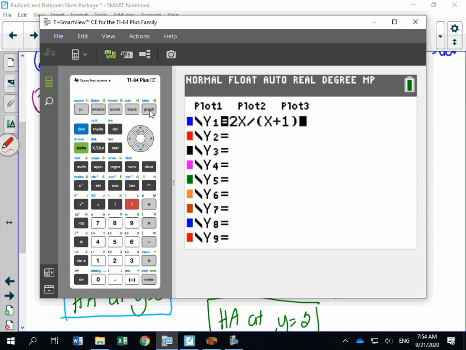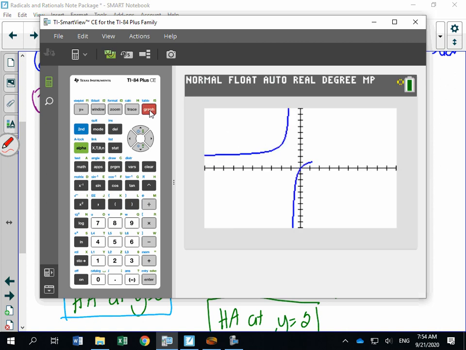Okay, when I examine the graph of this function, what I hope you can see here is this is going to be my vertical asymptote, right? And the vertical asymptote was at x is equal to -1. So there's an invisible vertical line here that my graph will approach but never touch or cross.